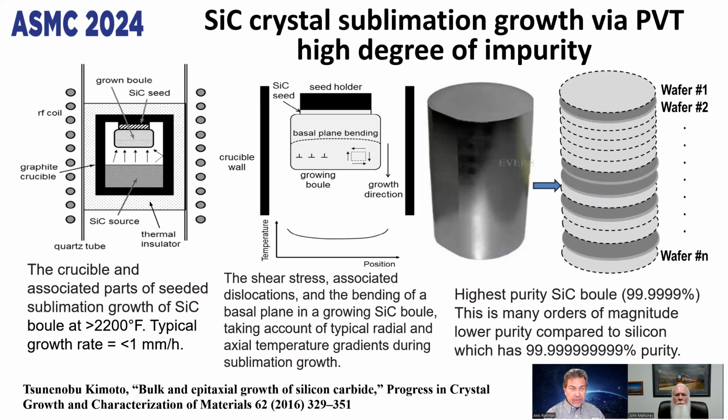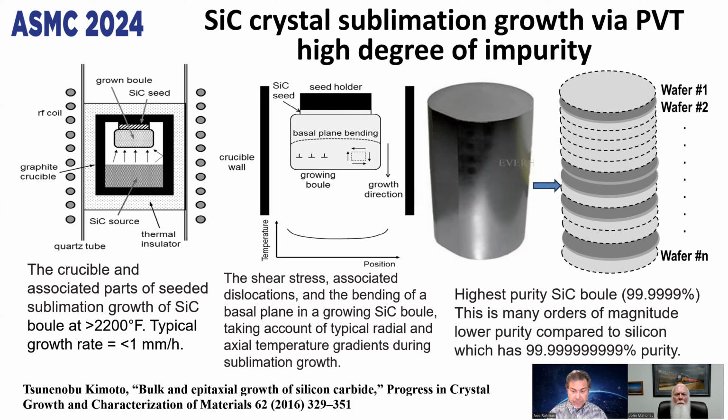Now, going back to silicon carbide crystal growth, this cartoon shows how exactly the process happens. Some of the pictures on the left, those two pictures, have been taken from the reference below. As you can see, Kimoto published a paper in 2016.